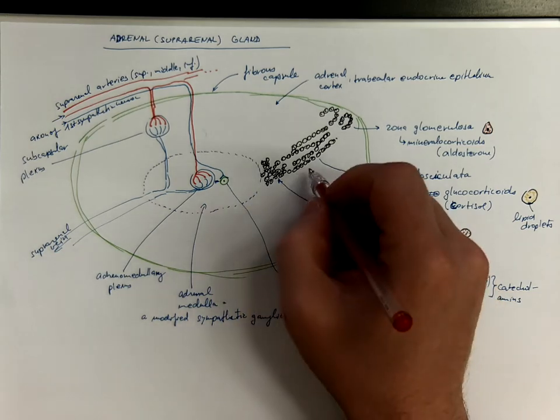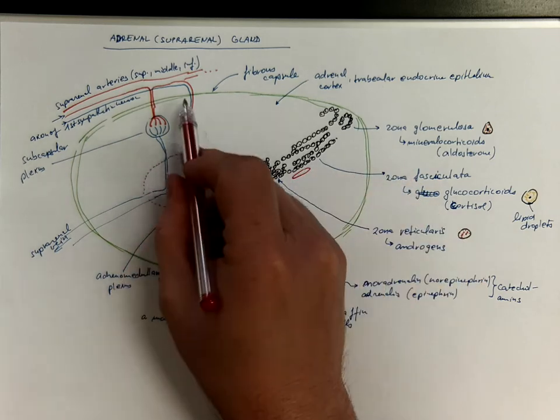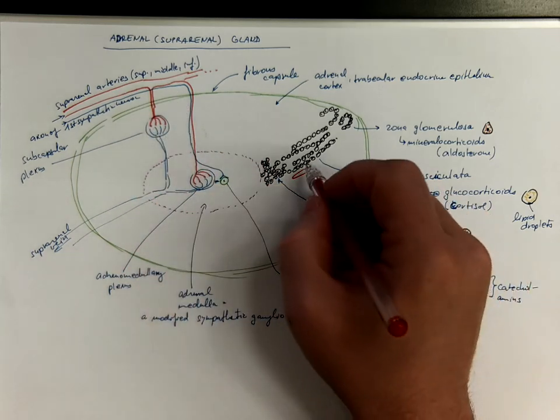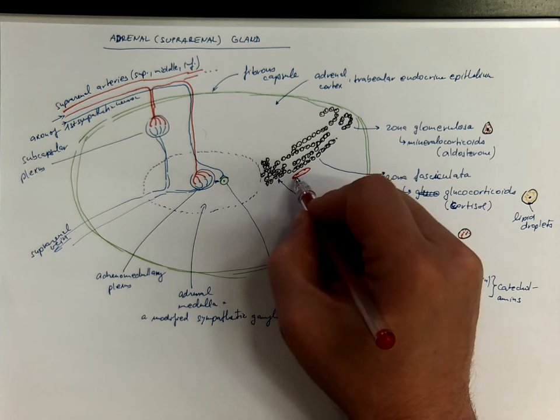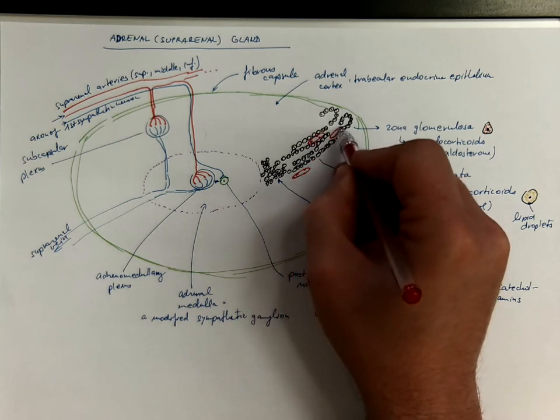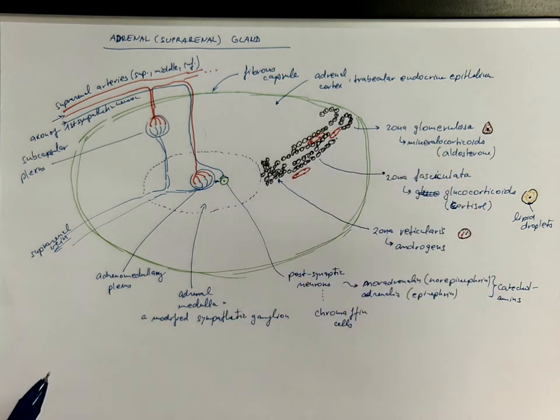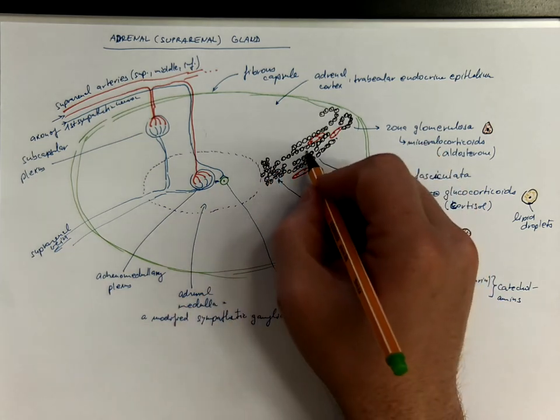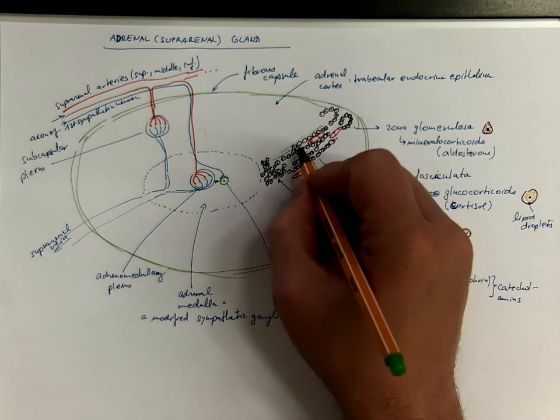They are blood sinusoids belonging to these plexuses, into which the hormones are released, and there is interstitial connective tissue here surrounding the trabeculus.